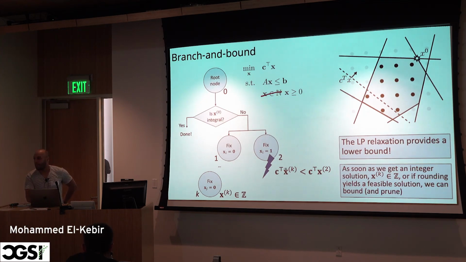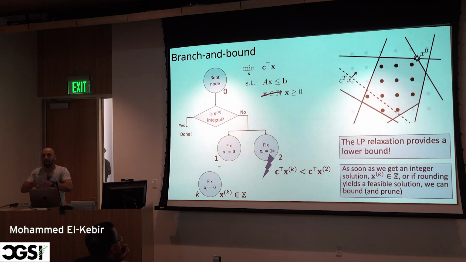And if that's lower than this solution over here, which is not necessarily integral, because this is a lower bound, it means you can prune this. Whatever you're going to do in this subtree, you're going to add more constraints that will be worse than what you already had. So you can prune this part of the tree. You don't have to explore that.